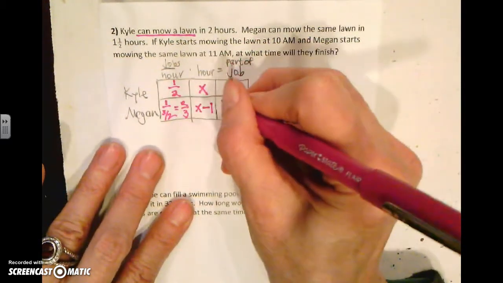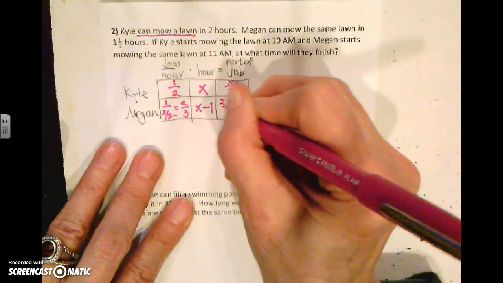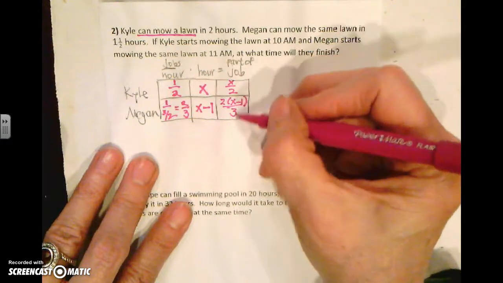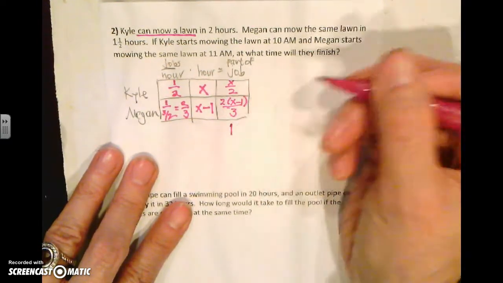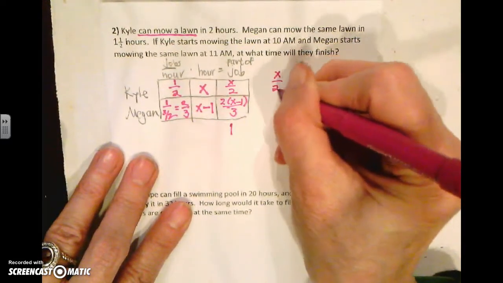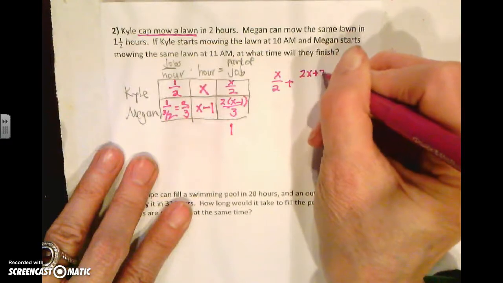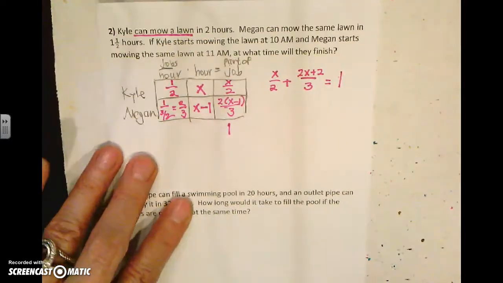And when I multiply this, I'm going to get 2 times X minus 1 over 3. And again, we want to know how long it's going to take them to do one job. So I'm going to add. So I'm going to have X over 2 plus, I'll distribute there and get 2X plus 2 over 3 is equal to 1.